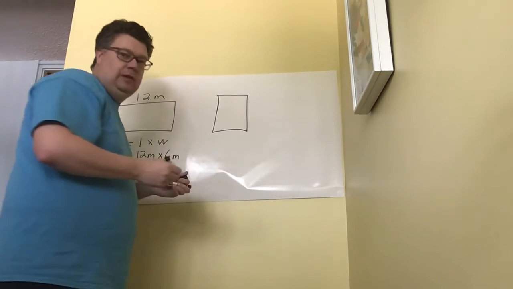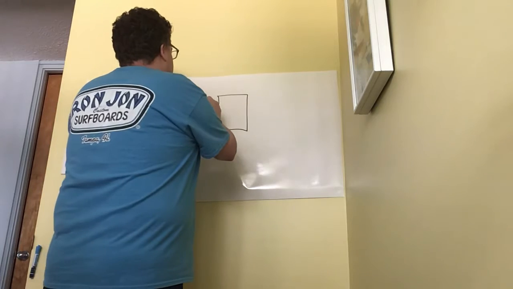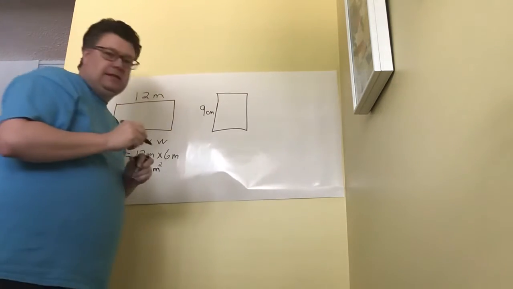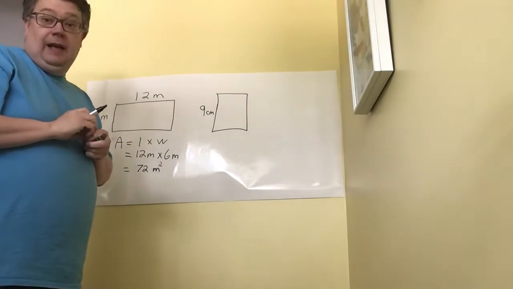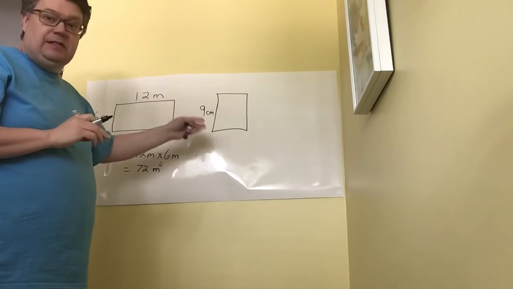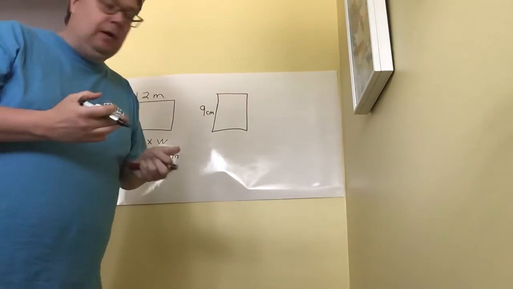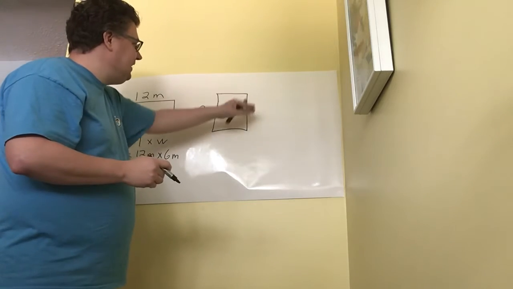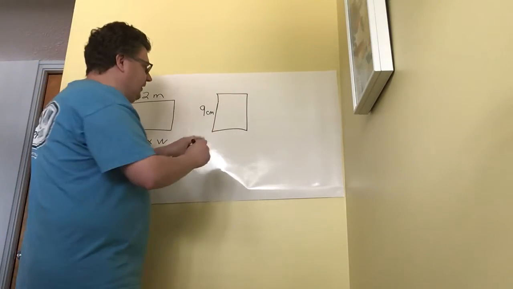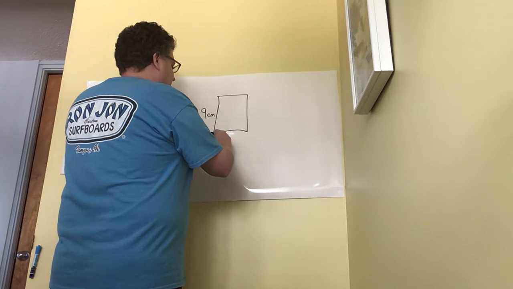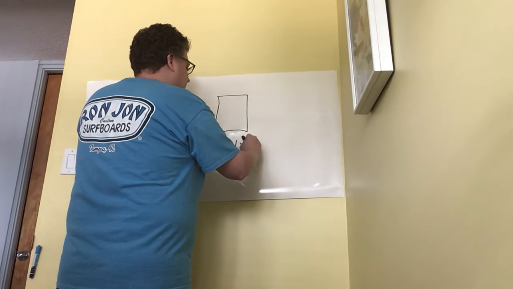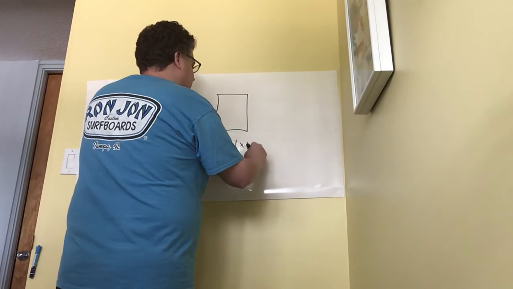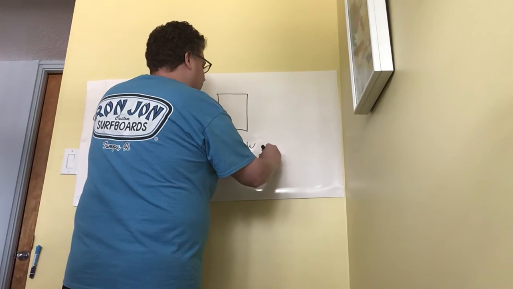Okay, poorly drawn square. And this is a tiny square, it's 9 centimeters. And in some assignments, they'll just be giving you one number. And if it's a square, we know the four sides are all equal. But we're calculating area, and area equals length times width, which equals 9 centimeters times 9 centimeters.